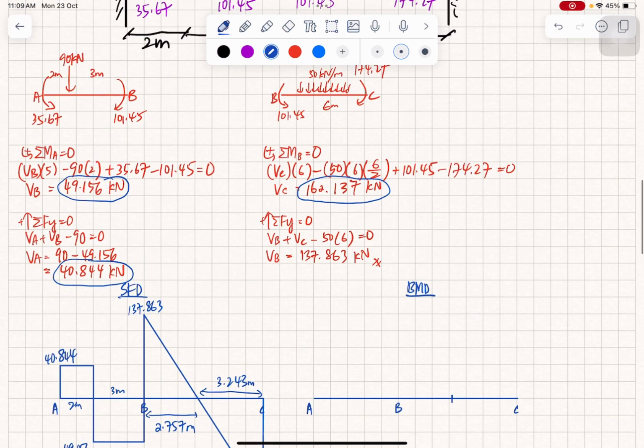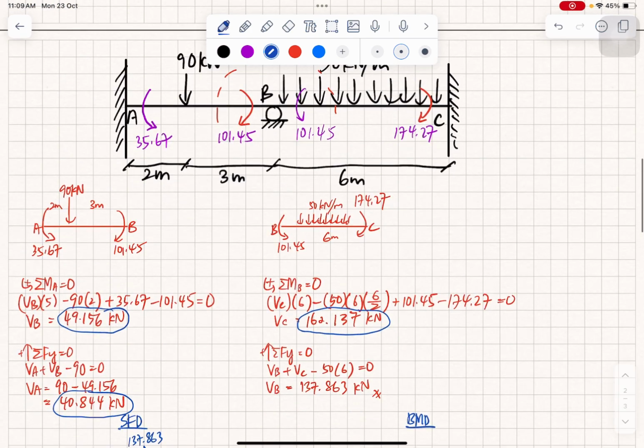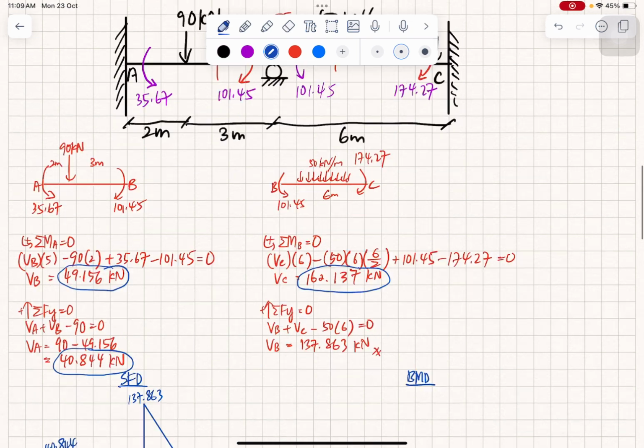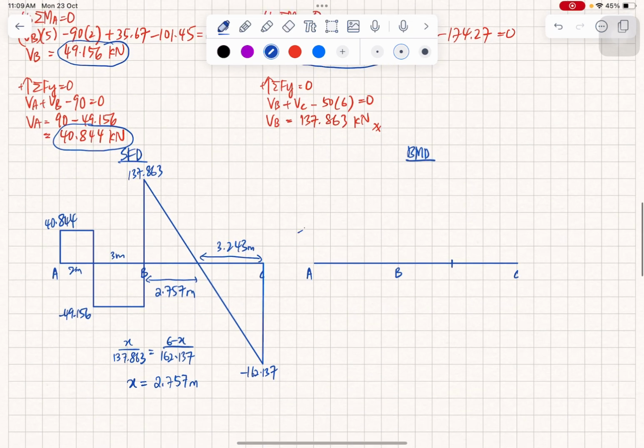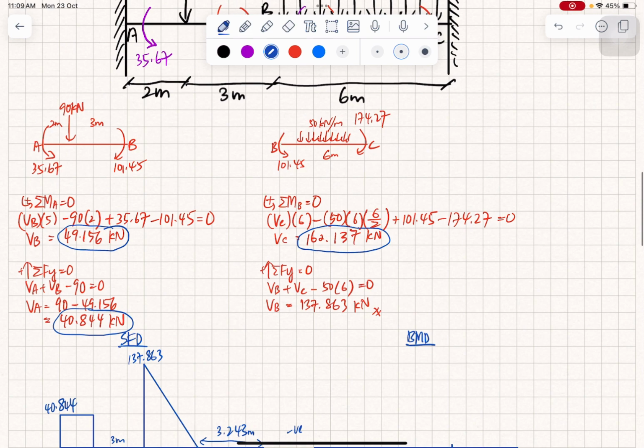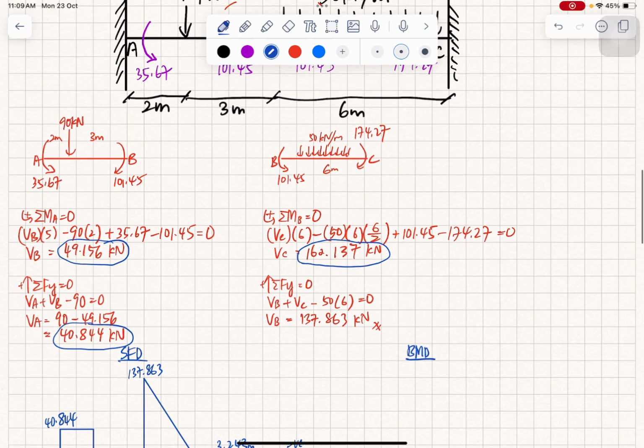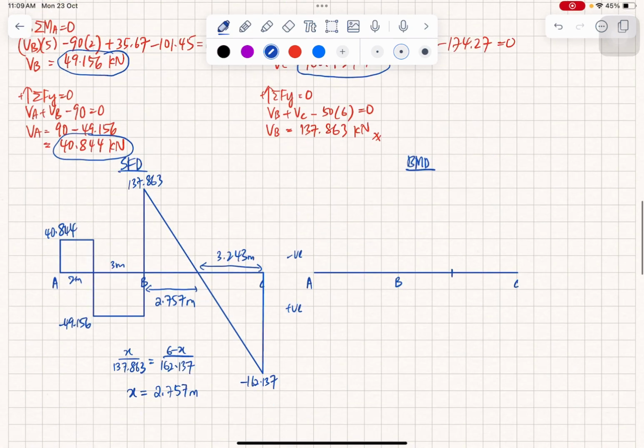At point A, what is the moment? 35.67. Upwards is negative, downwards is positive. So for the first one, is it positive or negative? Negative, so go up 35.67, somewhere here.